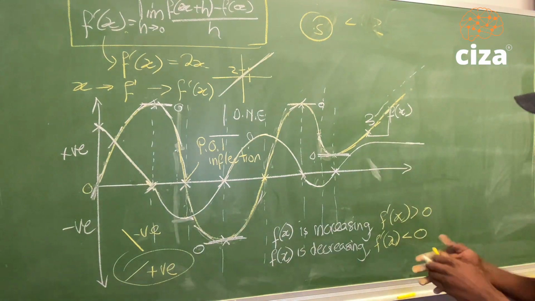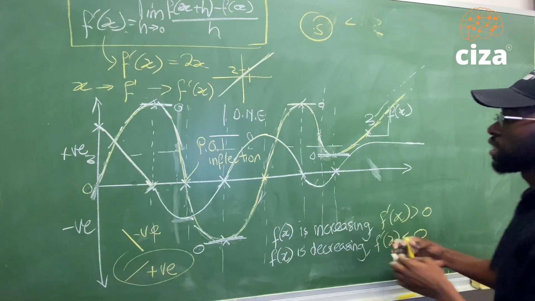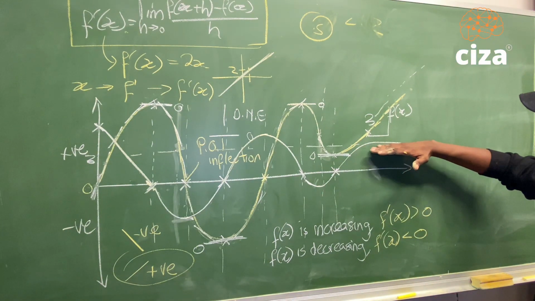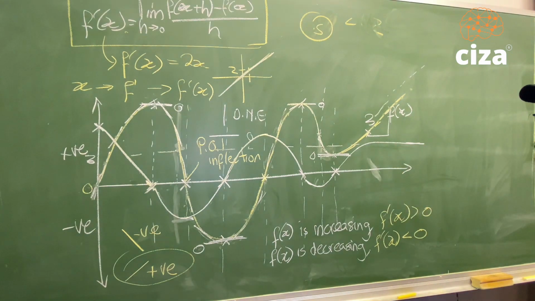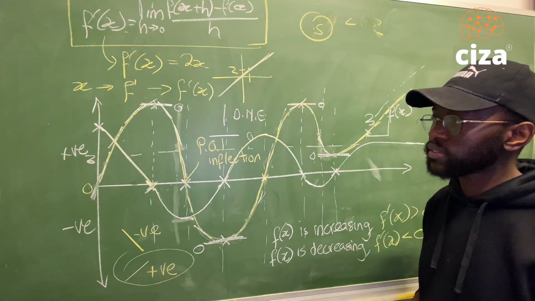So even here our point will stay at 3. The function of the derivative will also stay at 3. So that's how you visualize the function of the derivative.